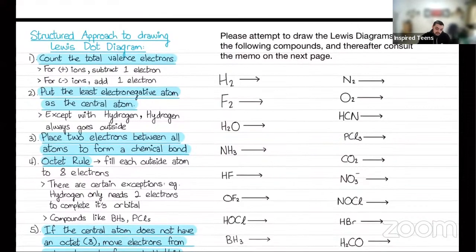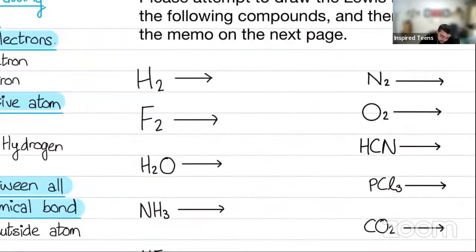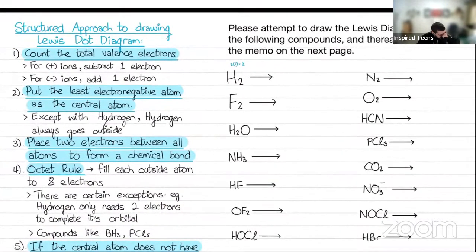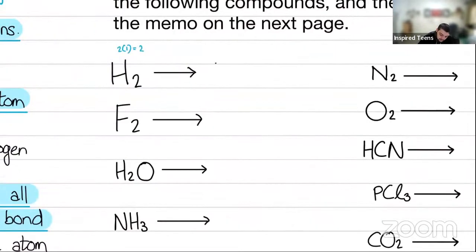So let's follow that same rule with hydrogen. Okay. So number 1 is to count the total number of valence electrons. So it's basically 2 times 1, which is 2. Right. Put the least electronegative atom as a central atom. Of course, this is a non-polar molecule, so none of them are more electronegative than the other because it's both hydrogen.